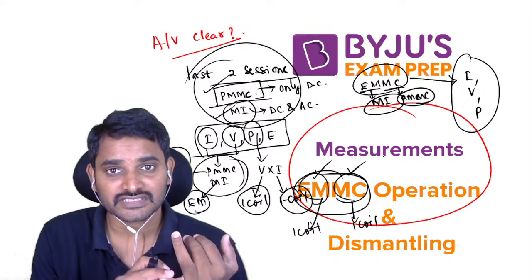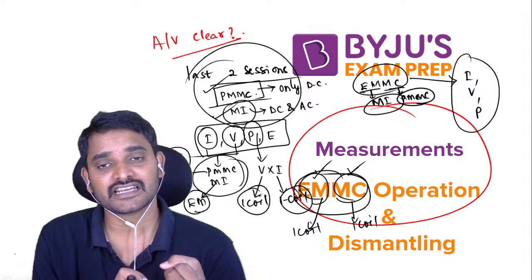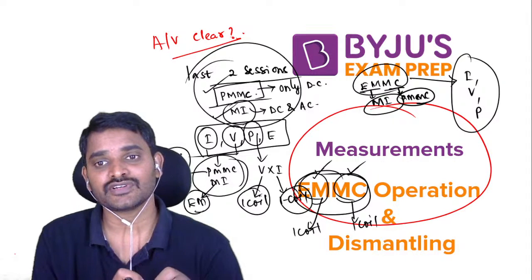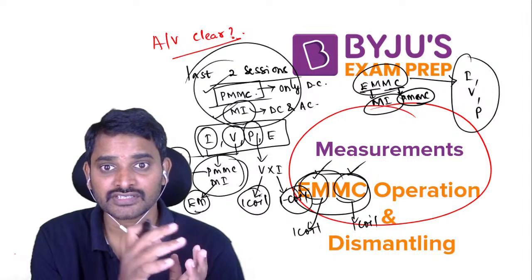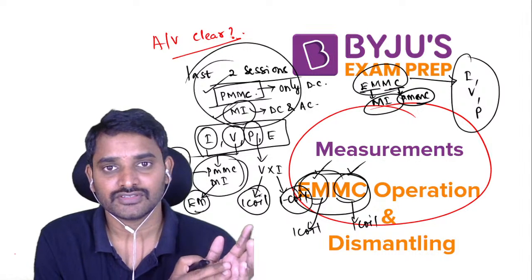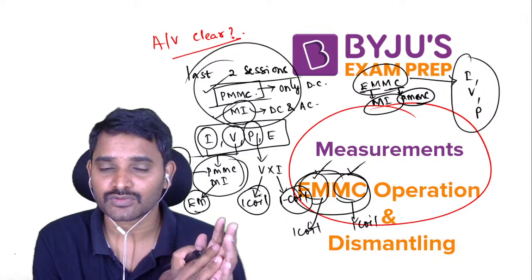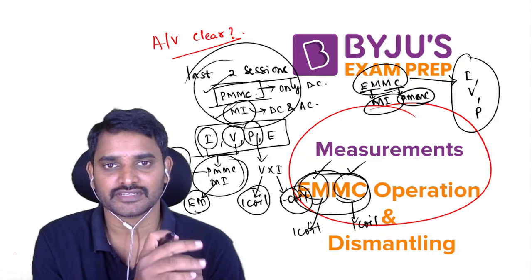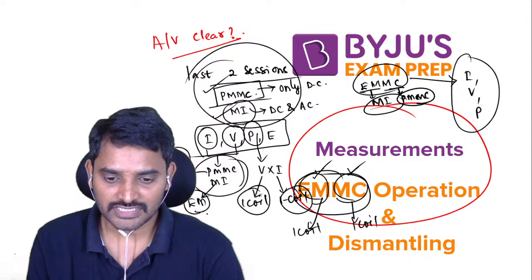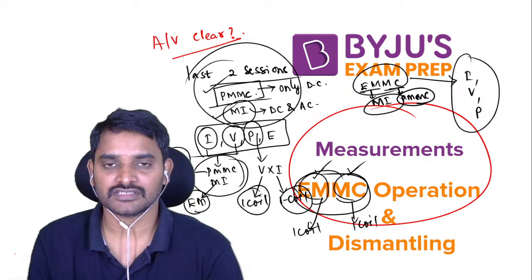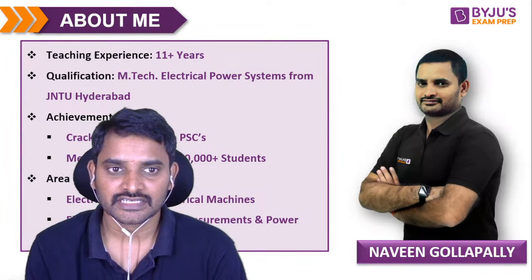That means it has to measure DC current, AC current, DC voltage, AC voltage, and the power also. That's what you need to keep in mind before you design any instrument. So let us move on to the session.